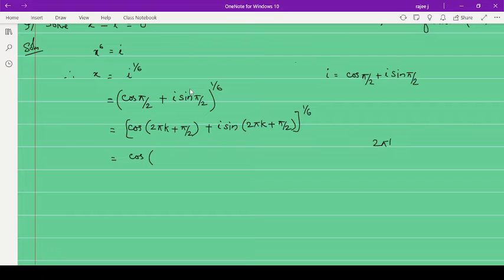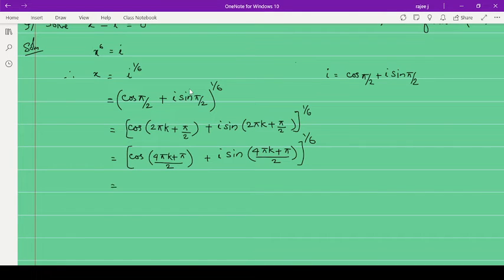I will write it like this, pi by 2 here and also pi by 2, so that you can do it easily. Now with 2 into 2 as the LCM, this is 4 pi k plus pi, whole divided by 2, plus i sin of 4 pi k plus pi divided by 2, the whole raised to 1 by 6.